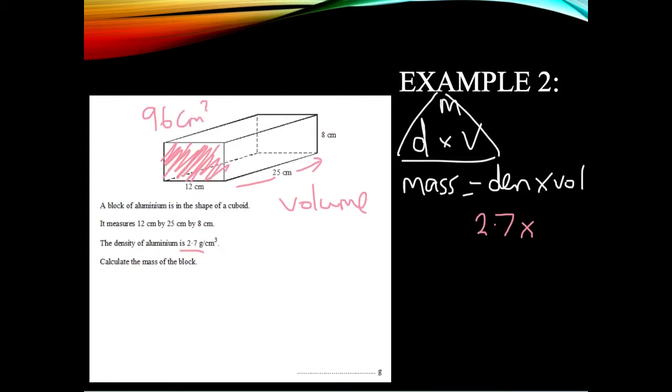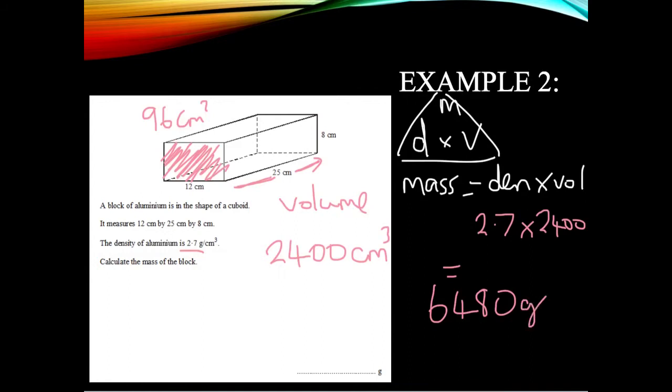We then need to multiply it by how deep the shape is, which is 25 centimetres. So 96 times 25 is going to give me 2400. So the volume is 2400 centimetres cubed. Well, to work out the mass, we take 2400 and multiply it by 2.7. And that's going to tell us the answer that we're looking for, which is 6480 grams.